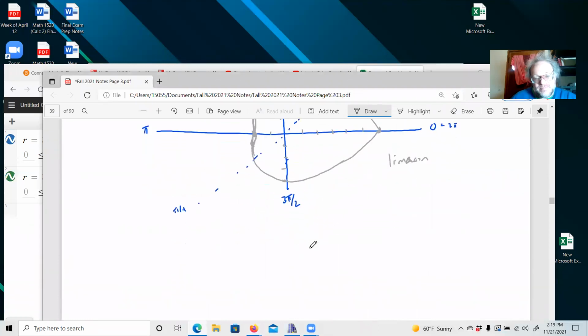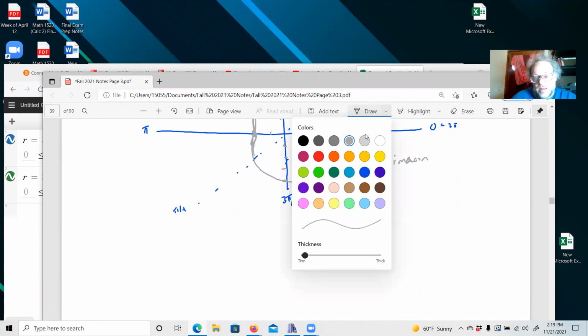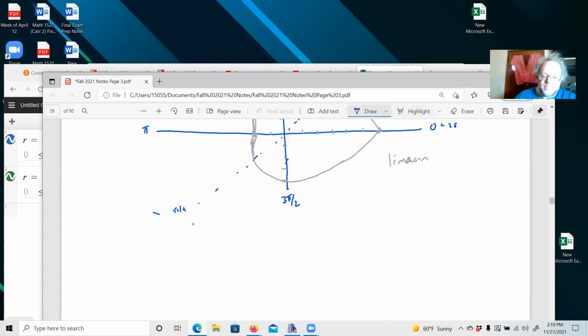Okay, what about this? This is the hardest one. What if B is greater than A? So why don't we do something like 3 plus 2 sine theta.